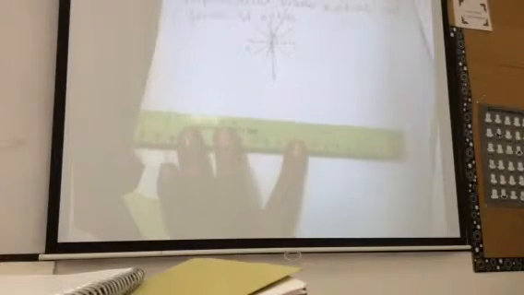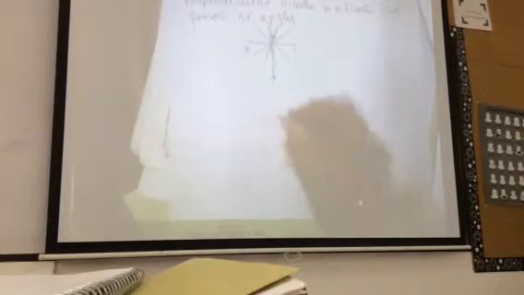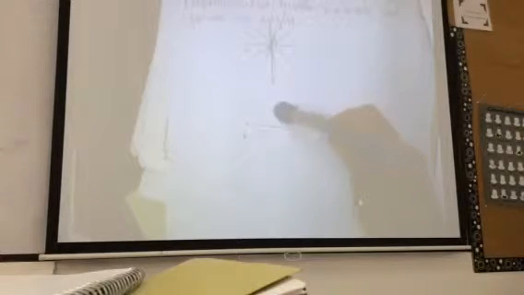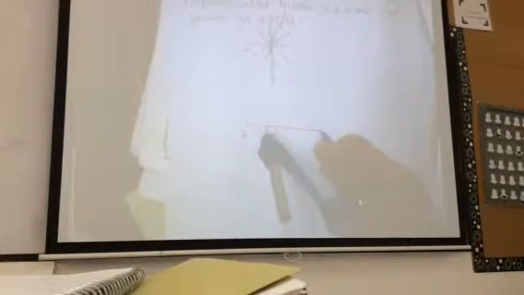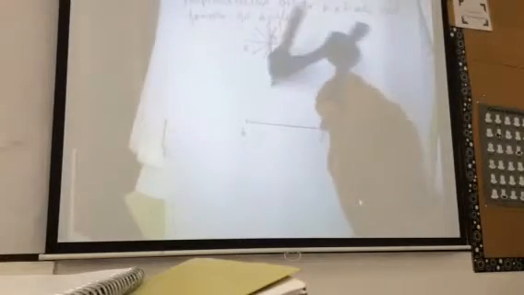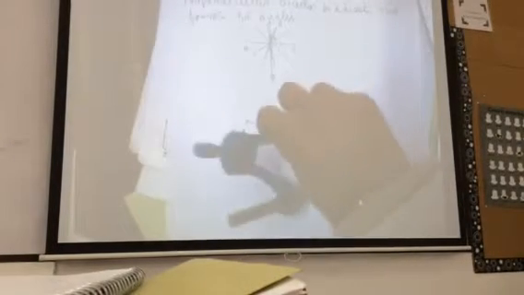So you have a line segment. Let's call it A, B. I'm going to construct the perpendicular bisector. From point B, I open the compass more than half of the segment. I make an arc on the top and on the bottom.